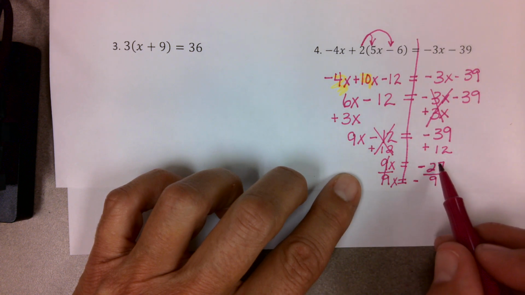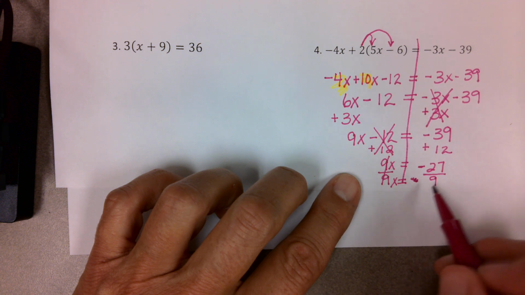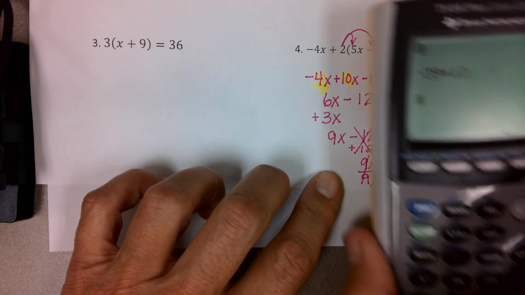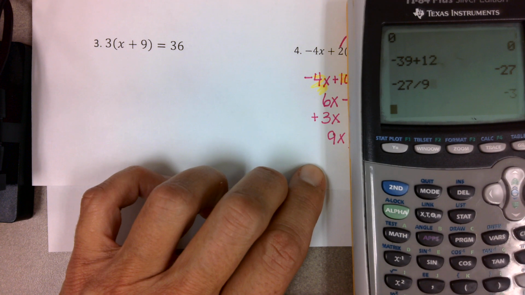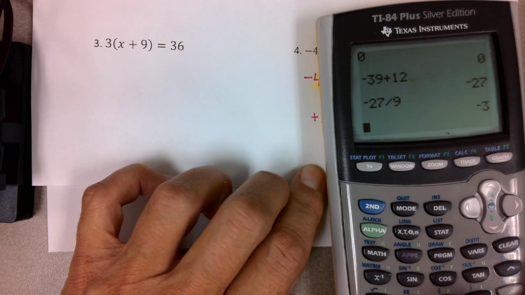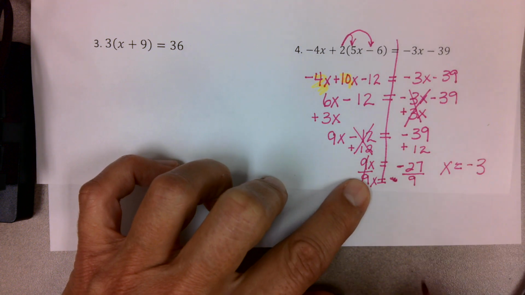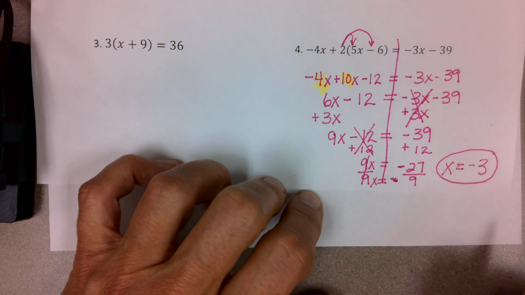Divide this side by positive 9. All right, so I'm left with x equals negative 27 divided by 9, negative 3. I'm not going to try to guess, negative 3. So my x equals negative 3.